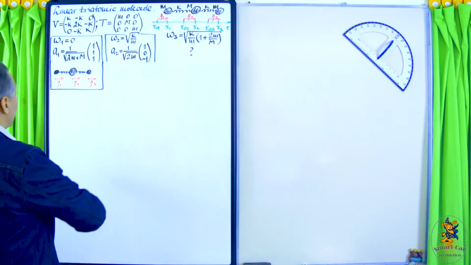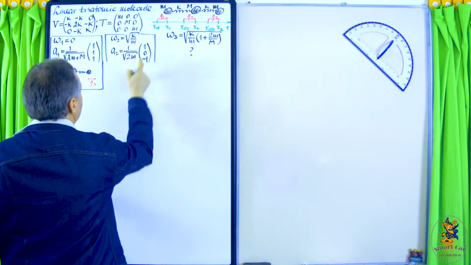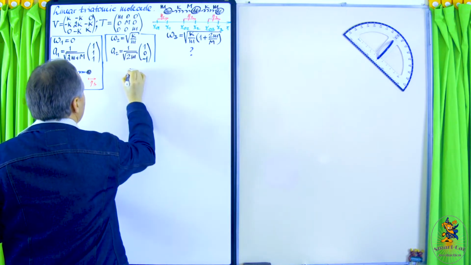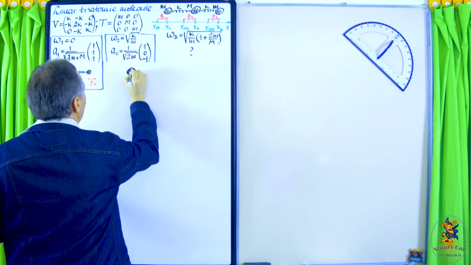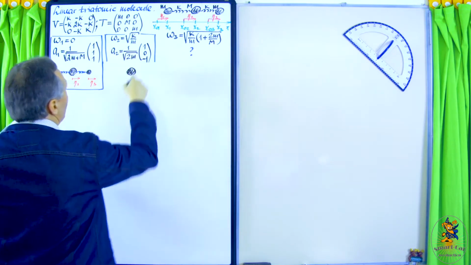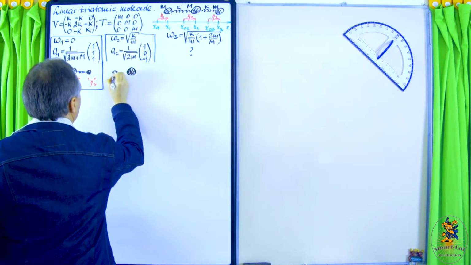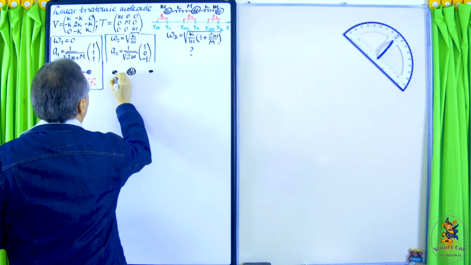So now let's sketch this mode using this simple picture, and then we'll move to the last mode. In this mode, the central mass is stationary, right? It doesn't move, and the outer masses move out of phase. Let me draw here.